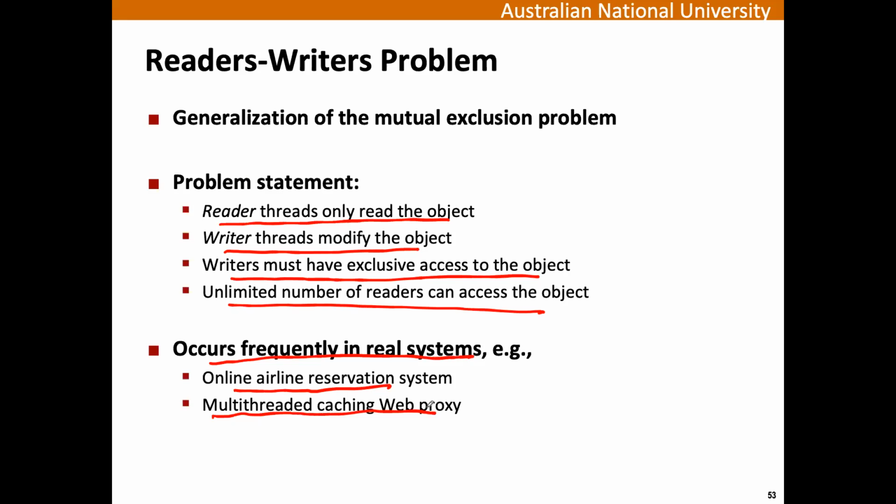You want to make sure that the cache is managed properly. If there are multiple threads trying to read something from the cache to avoid going to the server, they have access. But if there's a writer trying to bring something inside the cache, we lock the cache object properly.